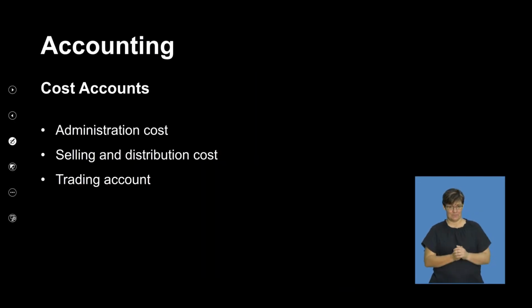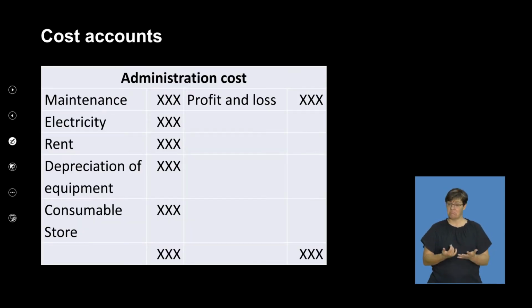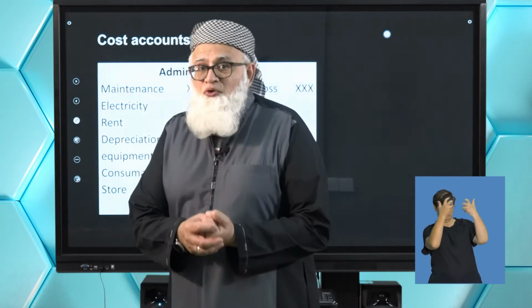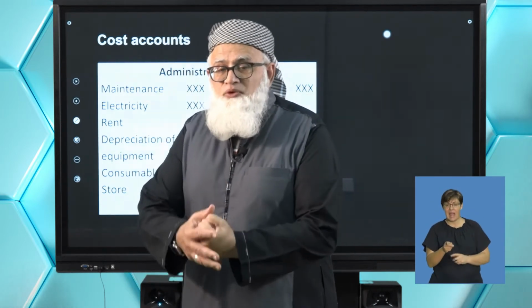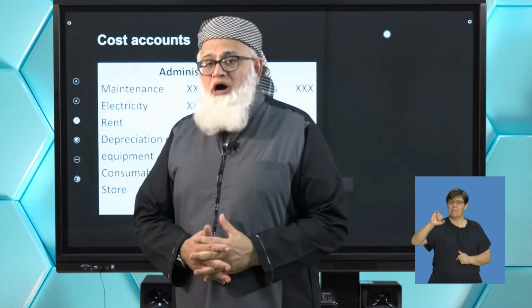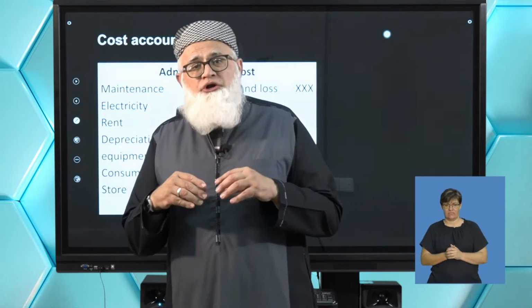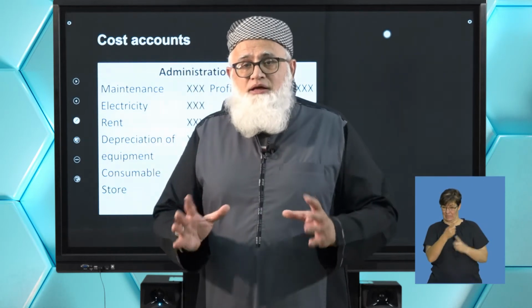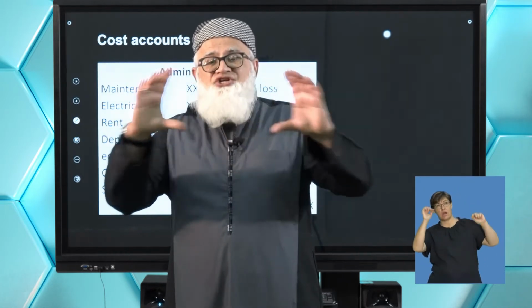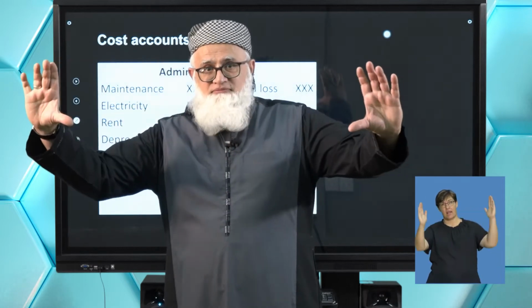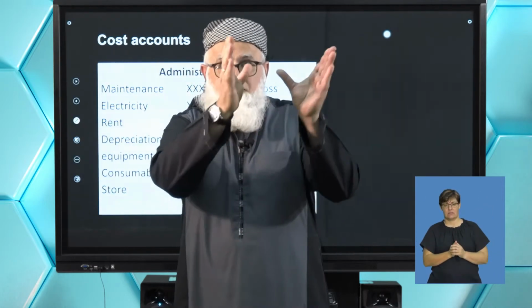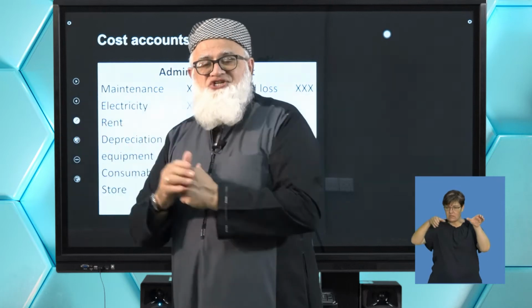Right. Now we come to the administration cost. Again, all the cost components that deal with the admin section of our premises. When you're doing the section on cost accounting, imagine your building broken up into three sections.